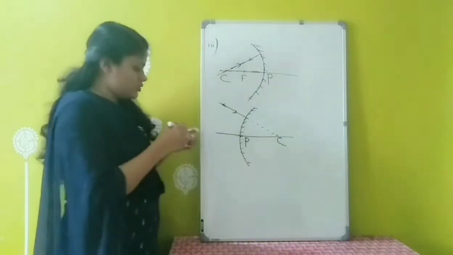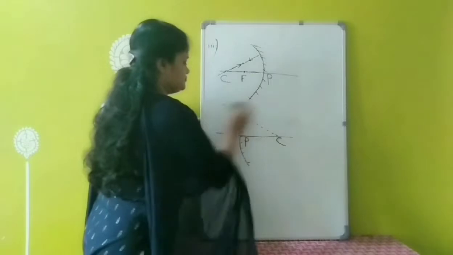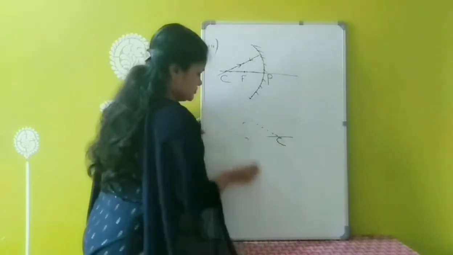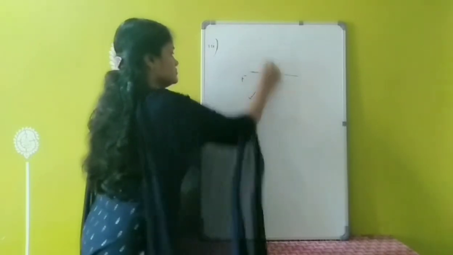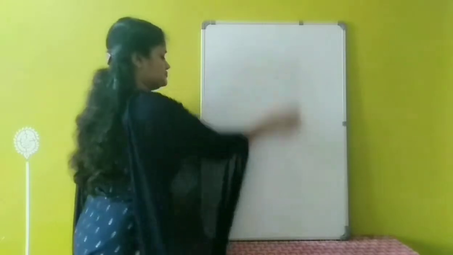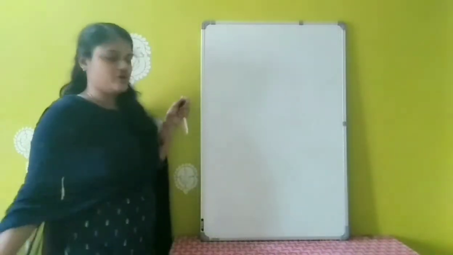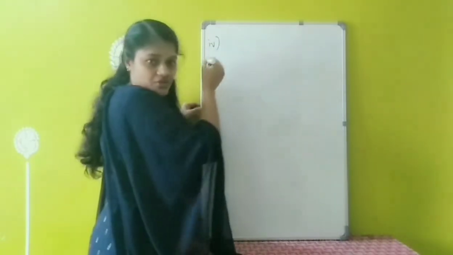Okay. Now one more rule is there. Fourth one. First of all, I am drawing a concave mirror.